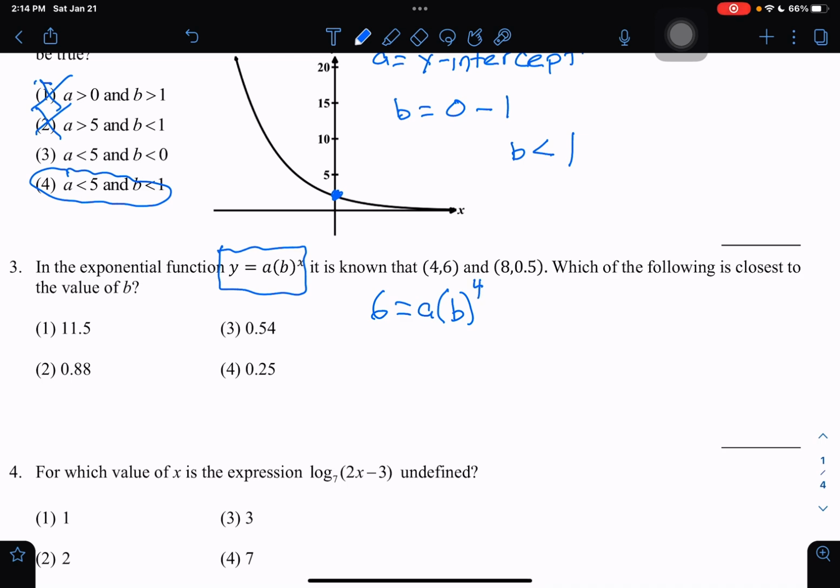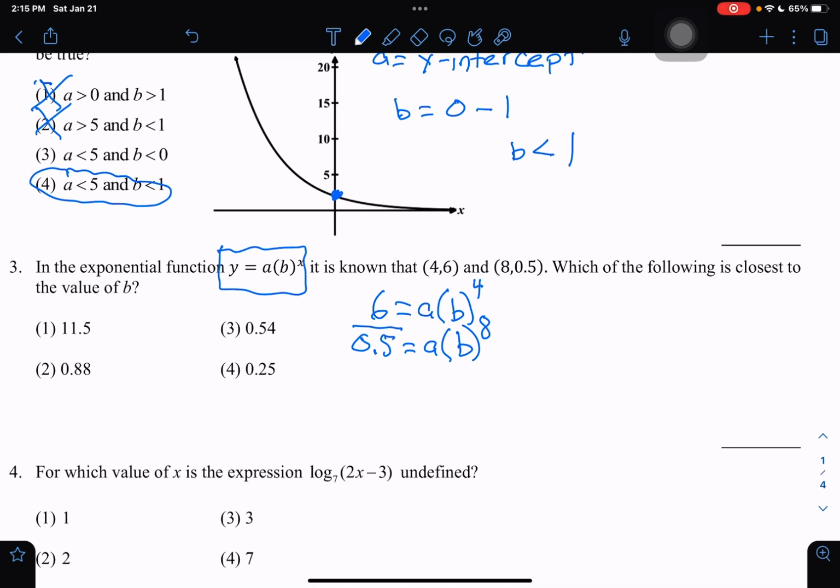The second equation we can make 0.5 is equal to a b to the 8th power. Now you could flip them around and put the 0.5 on top, and you'll still get the same value for b. So let's divide these.